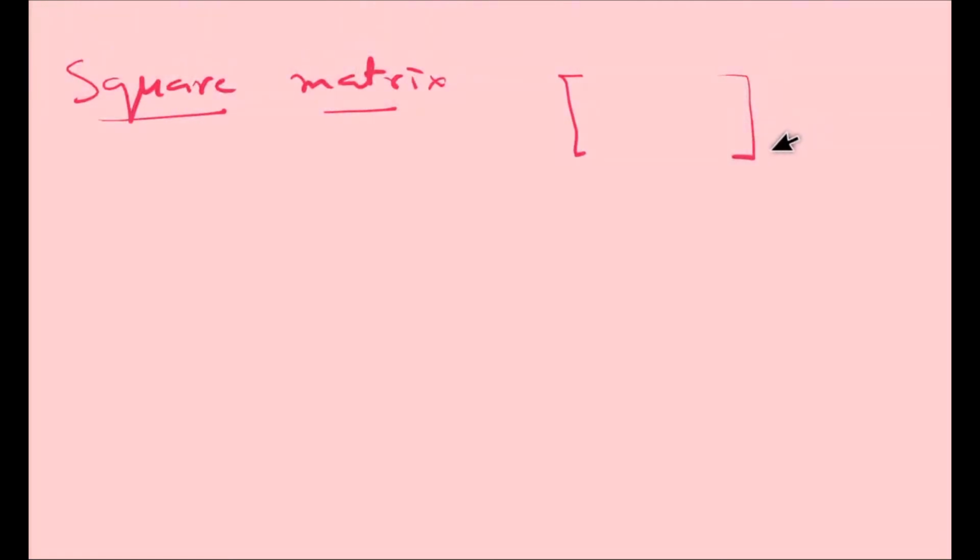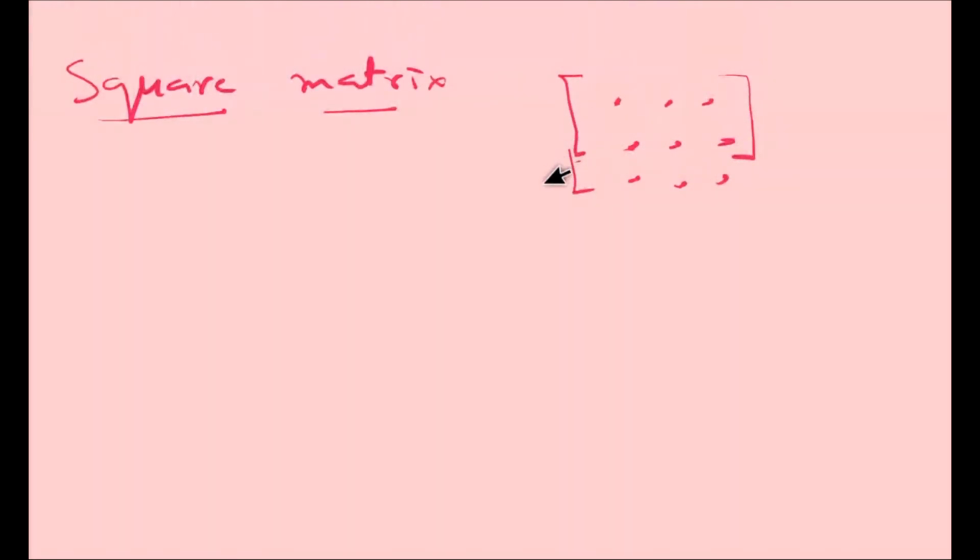According to shape, when will this rectangular matrix be a square? You can understand according to name that when the number of rows and columns are equal, then it is a square matrix, isn't it?